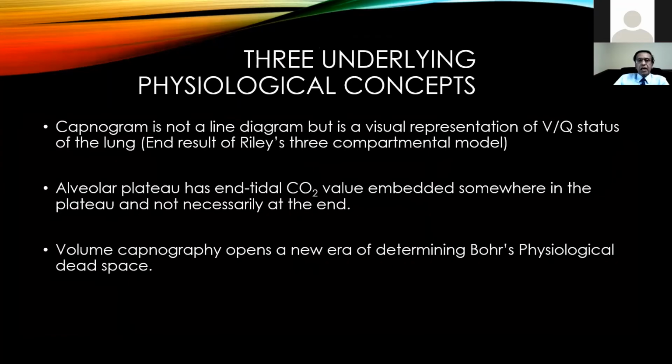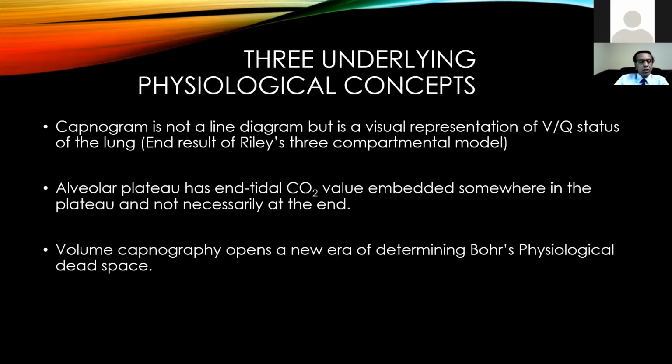The three underlying physiological concepts one should always remember about capnography are: number one, the capnogram is not a line diagram, but it is a visual representation of VQ mismatching of the lung, the end result of Riley's 3-compartment model in the lung.